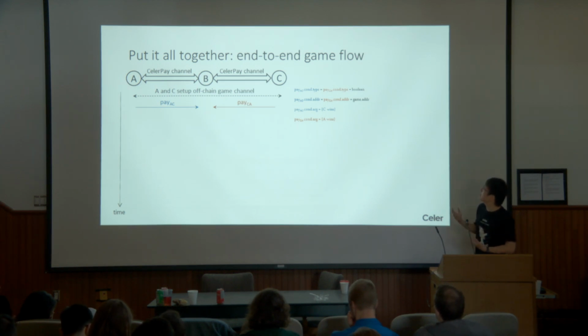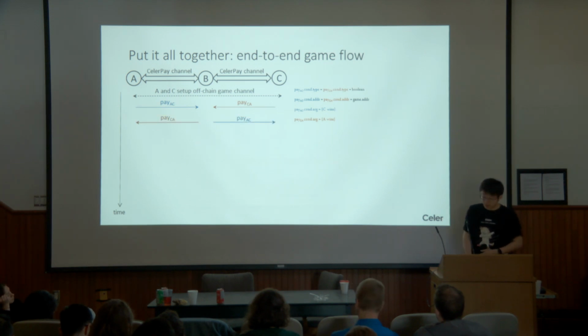So they share the same type, share the same condition address. The only difference is their condition arguments are different, A wins or C wins. And B will relay the payments. And A and C will exchange to confirm that they have received the payment receipts.